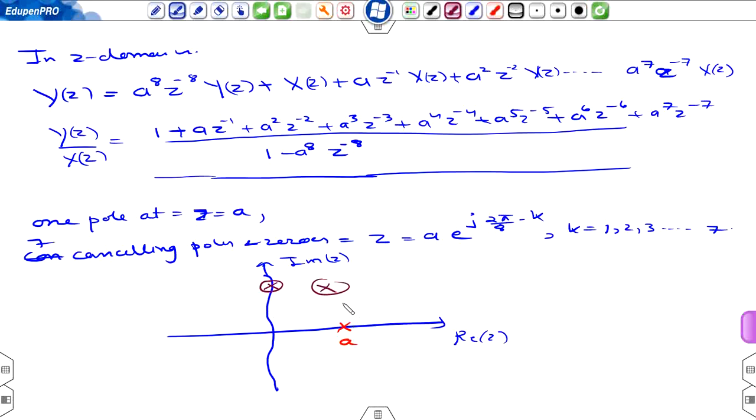Okay, so 45 degrees, 90, like this. So 1 2 3 4 5 6 7 cancelling poles and zeros, each separated by an angle of pi by 4, that is 45, 2 into 45, 3 into 45, 4 into 45, likewise.